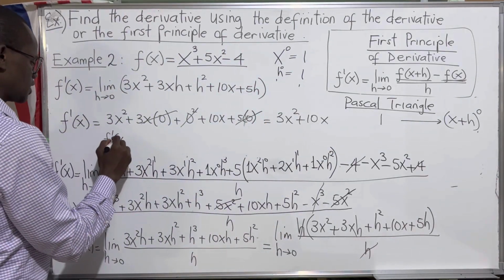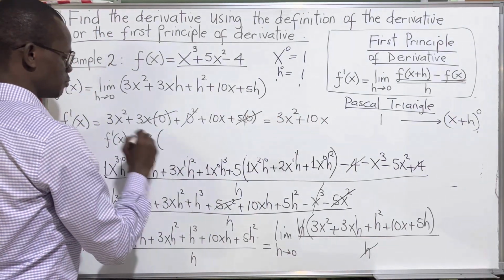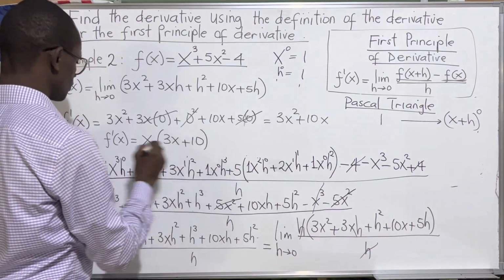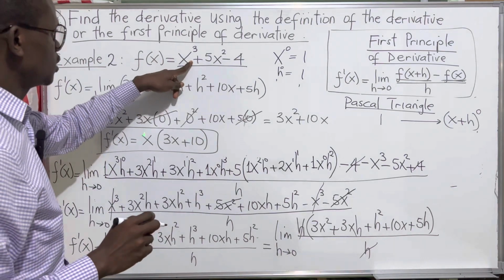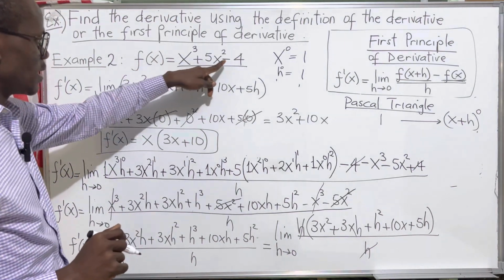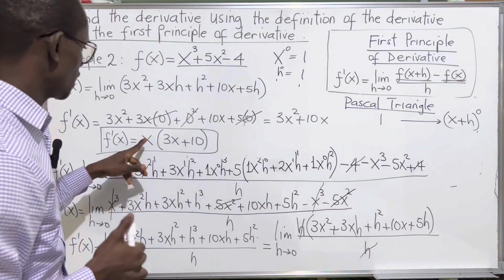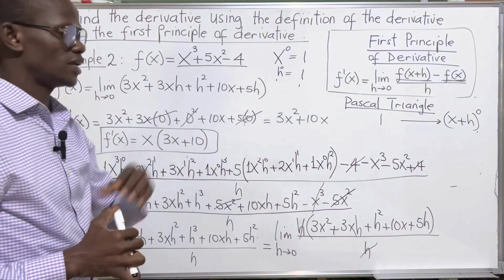So if we further simplify that one, x is a common factor. We bring it outside. You're left with 3x plus 10. So given this function, x cubed plus 5x squared minus 4, this is its derivative: x times 3x plus 10, or 3x squared plus 10x.